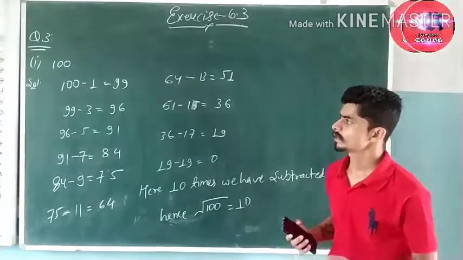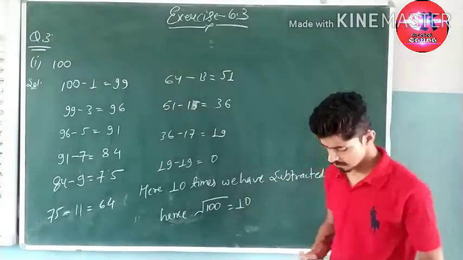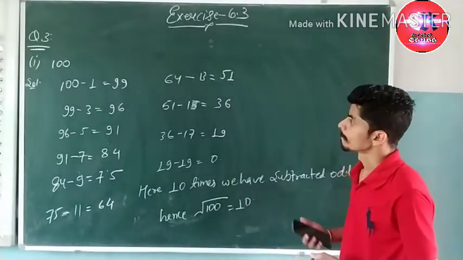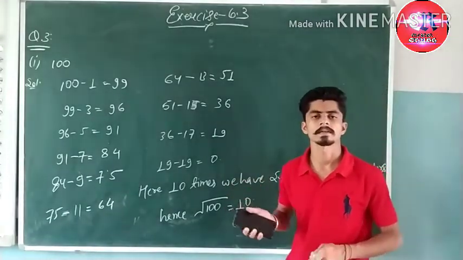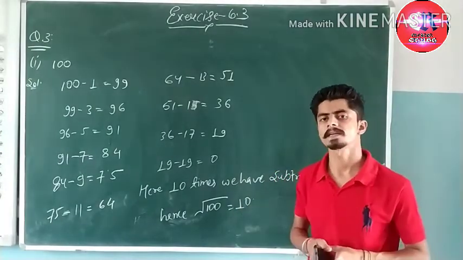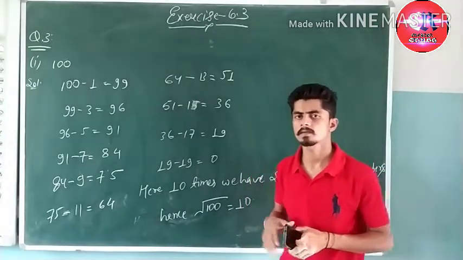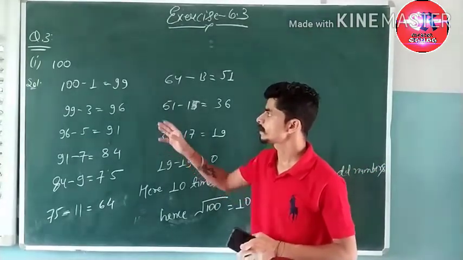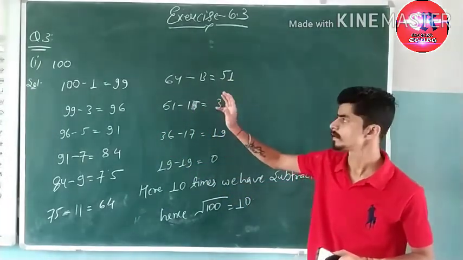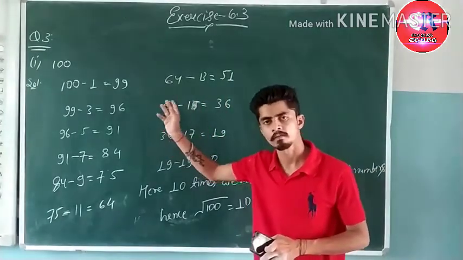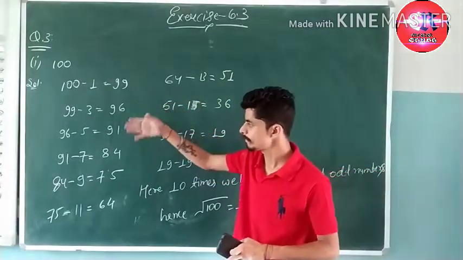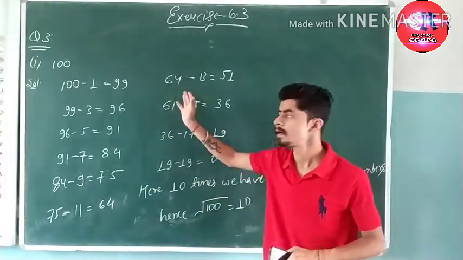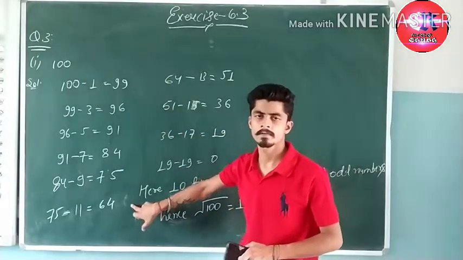So the next question is question number 3, in which we have to find the square root of a number by the repeated subtraction method. As I told you before, the same method we have to follow here. Firstly we have to subtract 1, and then 3, then 5, then 7, then 9 from the answer whatever we got.